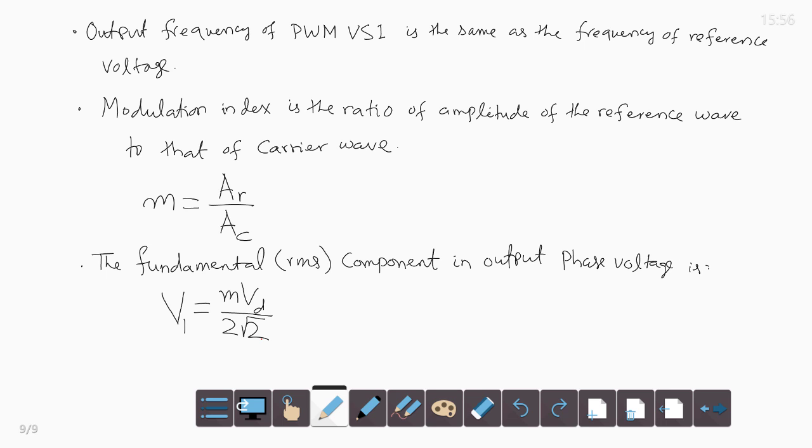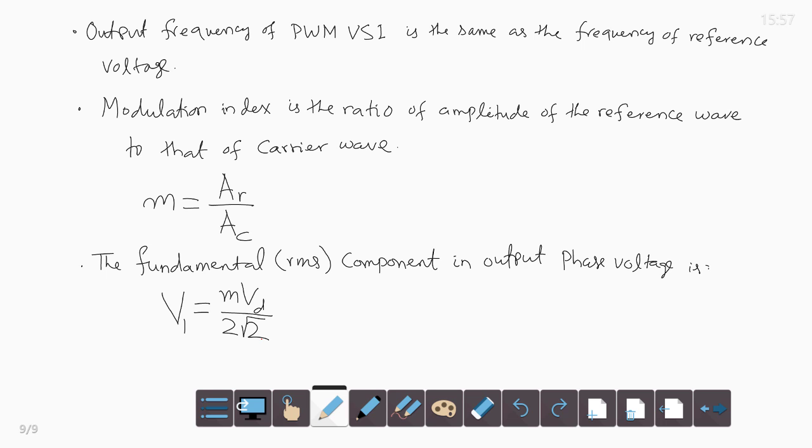The amplitude of the carrier wave is generally kept constant, so modulation index M is directly proportional to the amplitude of the reference wave, and the output phase voltage is directly proportional to the modulation index. So by varying the amplitude of the reference wave, the output phase voltage is varied.